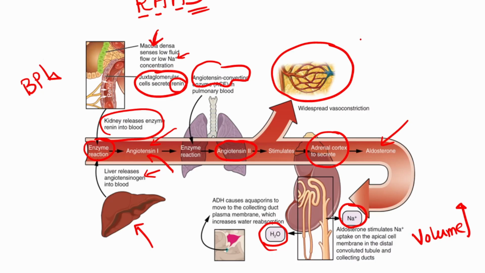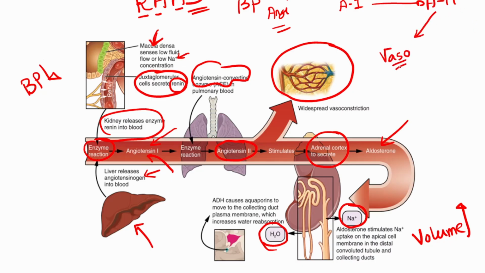So once again, we can say that low BP will activate the macula densa cells, and it will further activate juxtaglomerular cells, which will secrete renin, and renin will break down angiotensinogen to angiotensin 1. And angiotensin 1 will be converted to angiotensin 2 by the enzyme called ACE. This angiotensin 2 will cause vasoconstriction.